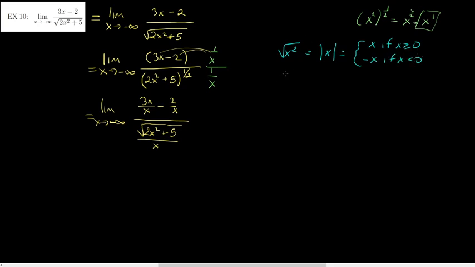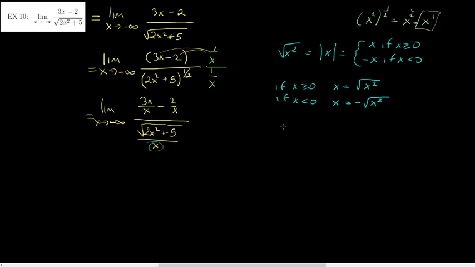So let's reverse this. If x is greater than or equal to 0, then x is really the same thing as the square root of x squared. On the other hand, if x is negative, negative x is the square root of x squared, or x is really the opposite of the square root of x squared. So that's what I'm going to do here.